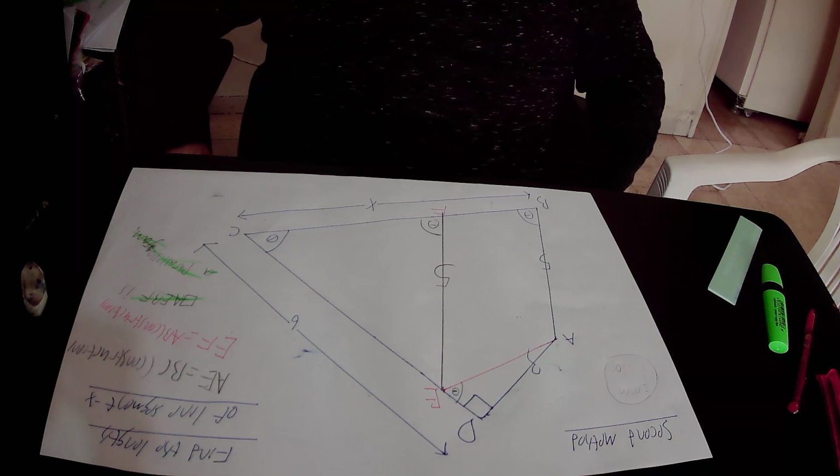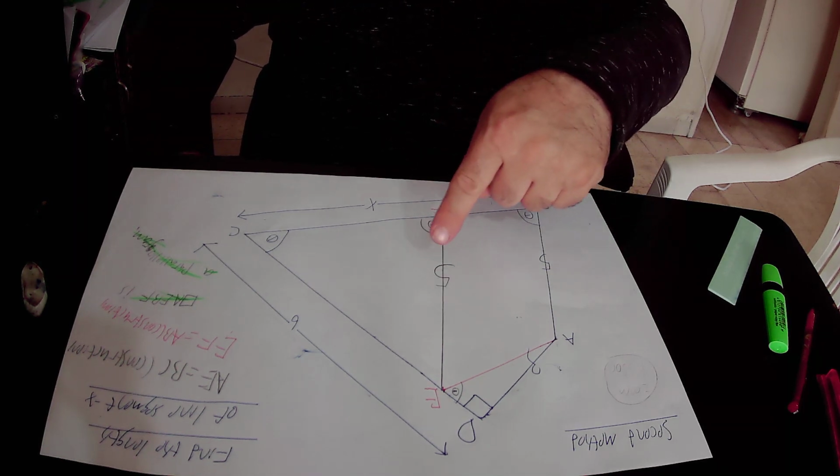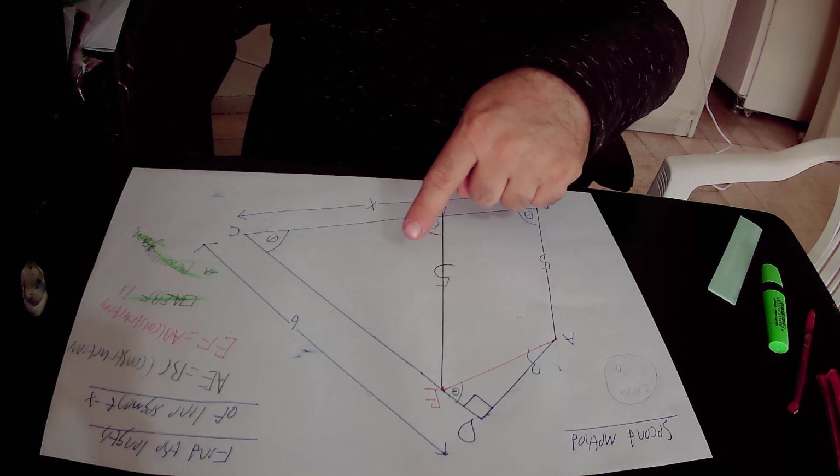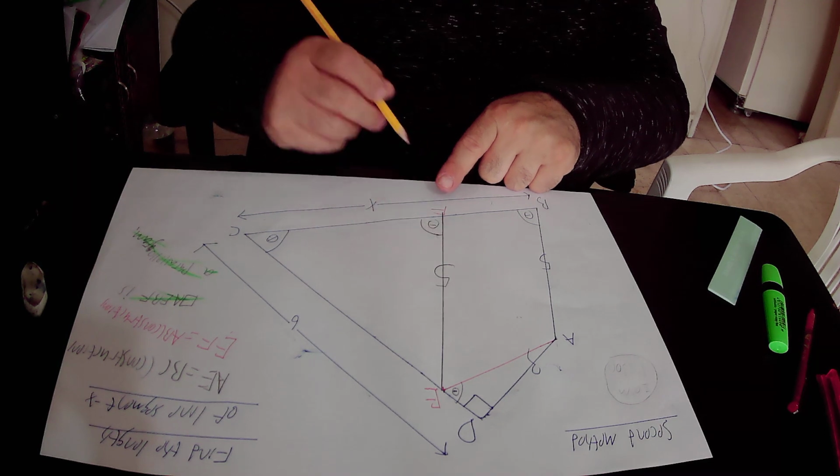In the next step, we'll focus on triangle EFC. In this triangle EFC, we have two angles that are equal to each other, they are both equal to theta.